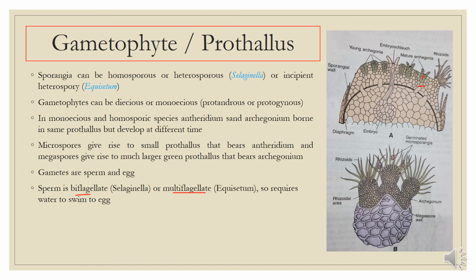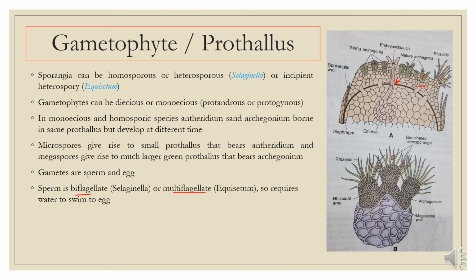Now, after that, the zygote and embryo formation, and even sometimes the entire sporophyte, is formed inside the gametophyte. Here in this picture, we see a sporophyte that is forming inside the gametophyte, in this region.